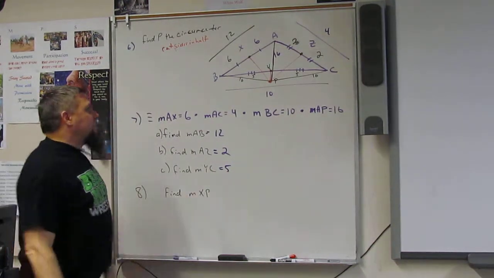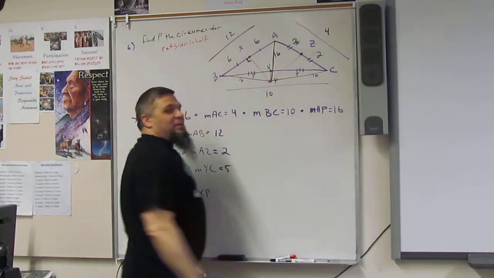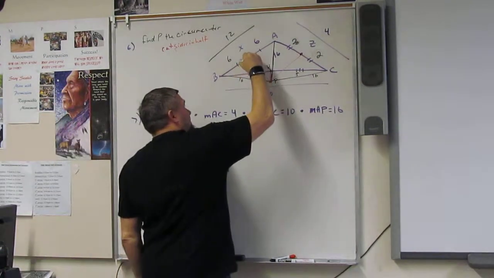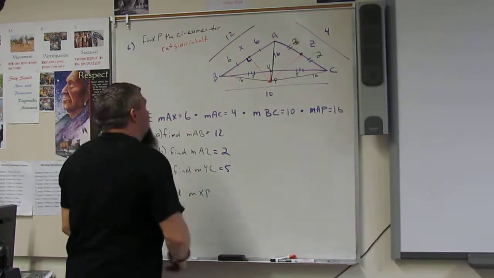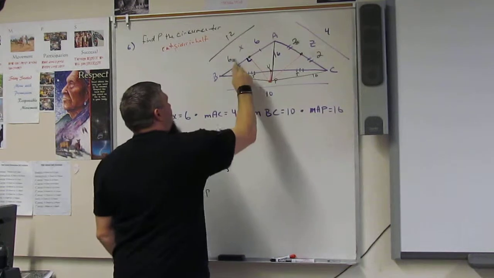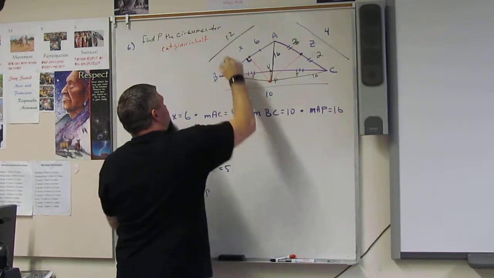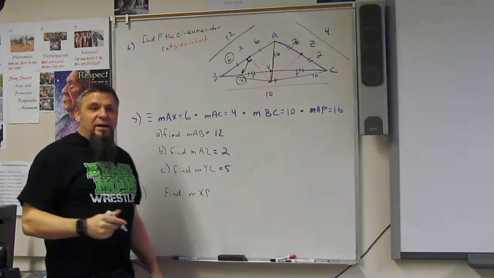The measure of XP, I don't know. But I know that this is right. Okay? I know that this is right. It's perpendicular. Right? So I have this side and I have this side. And this is the hypotenuse.